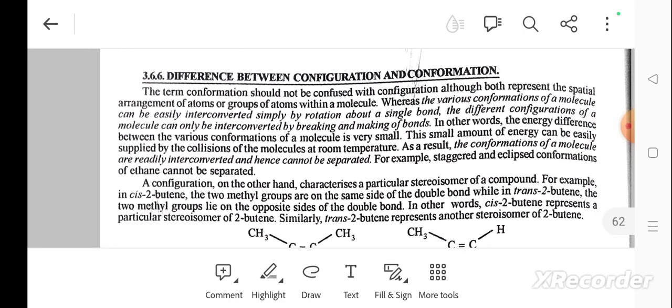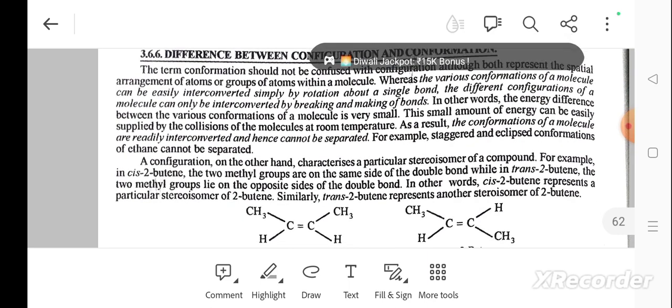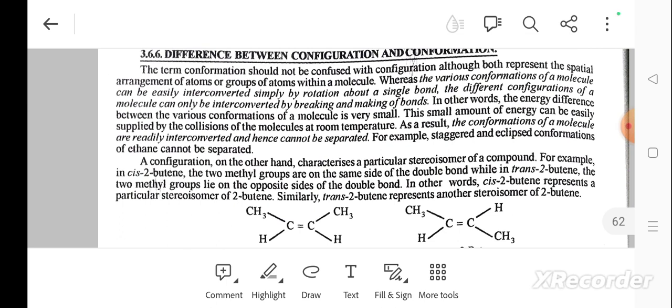Difference between configuration and conformation. The term conformation should not be confused with configuration, although both represent a spatial arrangement of atoms or groups of atoms in a molecule. The different conformations of a molecule can be easily interconverted simply by rotating about a single bond, whereas different configurations can only be interconverted by breaking and making bonds.